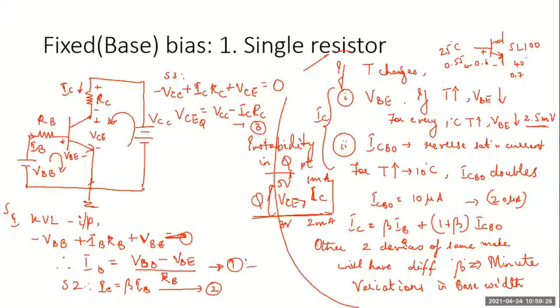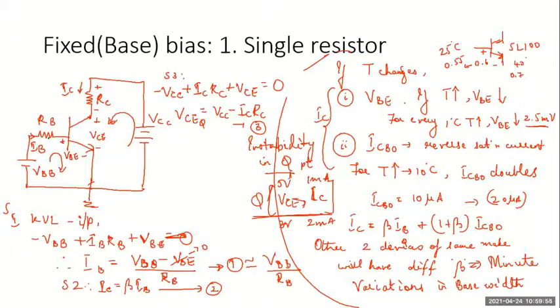I can say this IB is approximately equal to VBB by RB itself, because VBE is very, very small when compared to the other voltage. In other words, the base current value is fixed because we use a fixed DC voltage and a fixed resistance. And that's the reason why this circuit is called a fixed bias circuit.